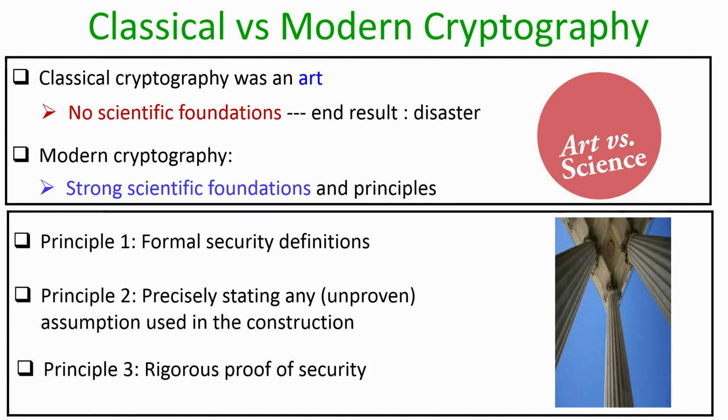And principle 3 states that once we have the construction, we have to formally prove that it indeed satisfies the definition given in stage 1.